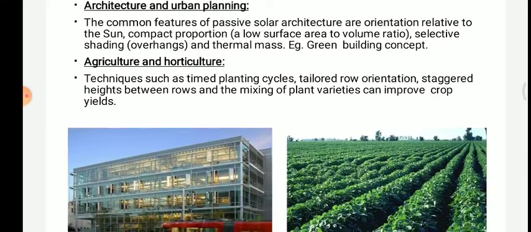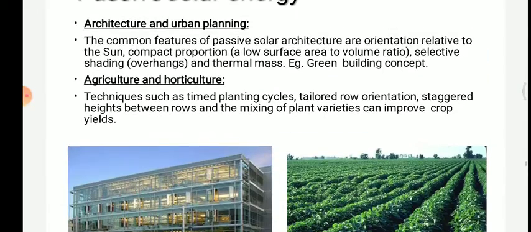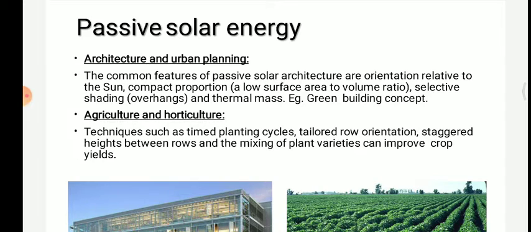Then passive energy sources. If we are talking about passive sources, these are first agriculture and urban planning. Common features of passive architecture are orientation related to the sun, compact proportions, selective shading, and thermal mass.